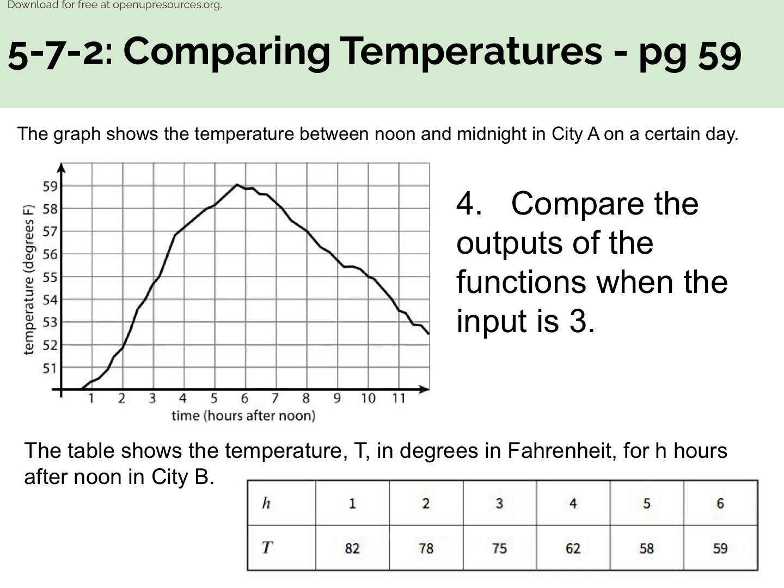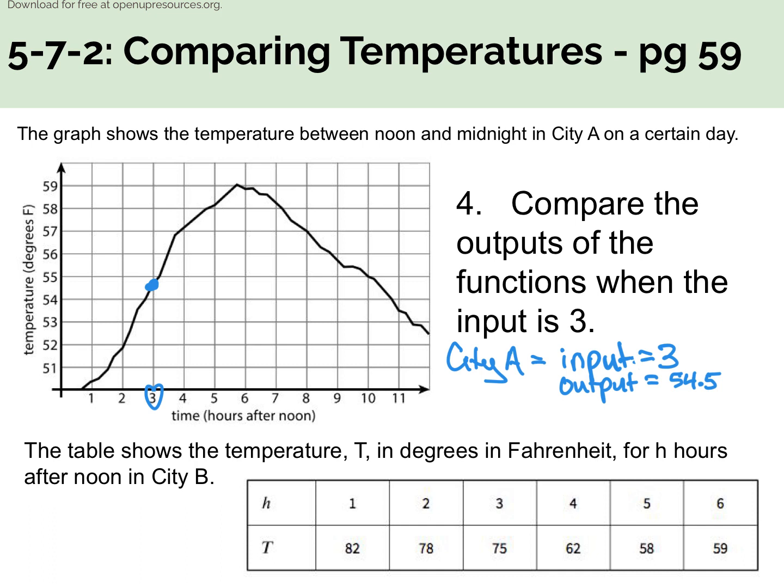All right, so I'm going to start with city A. Our input is 3, so that's the X value. Looking at it, what's my output? Probably 54.5.